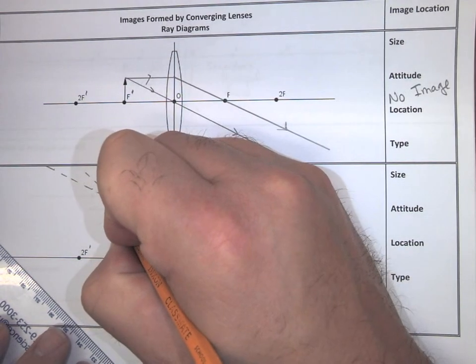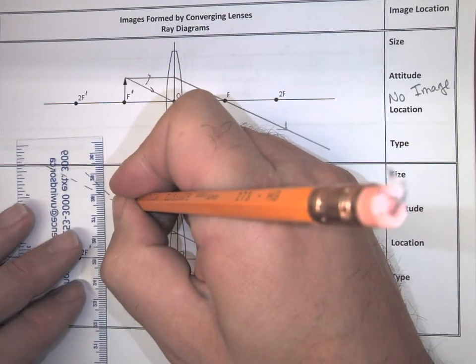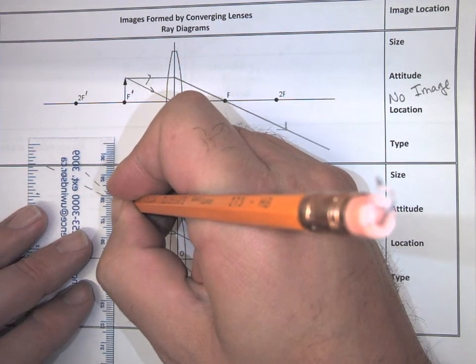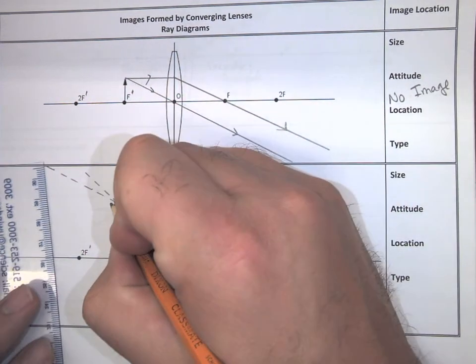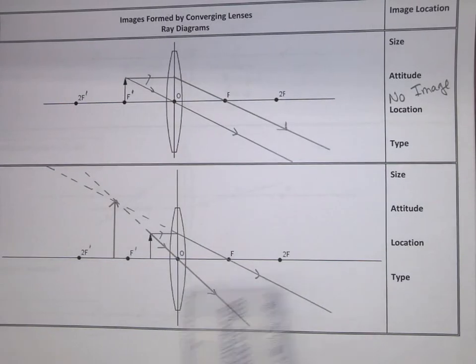where our extended rays converge will be the location of our image.